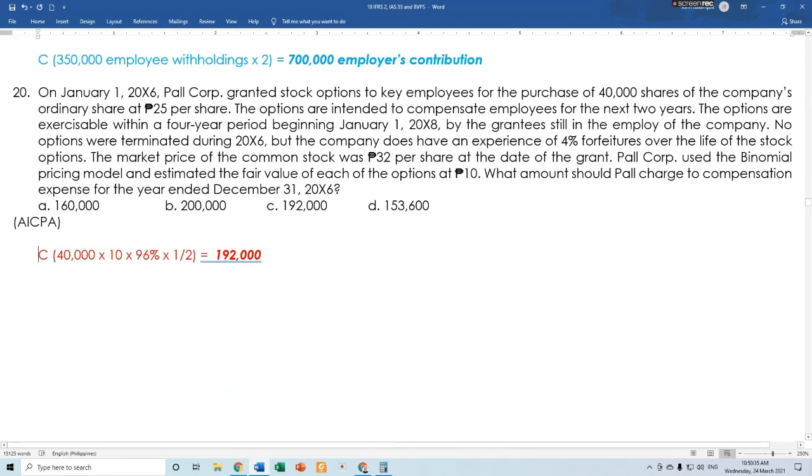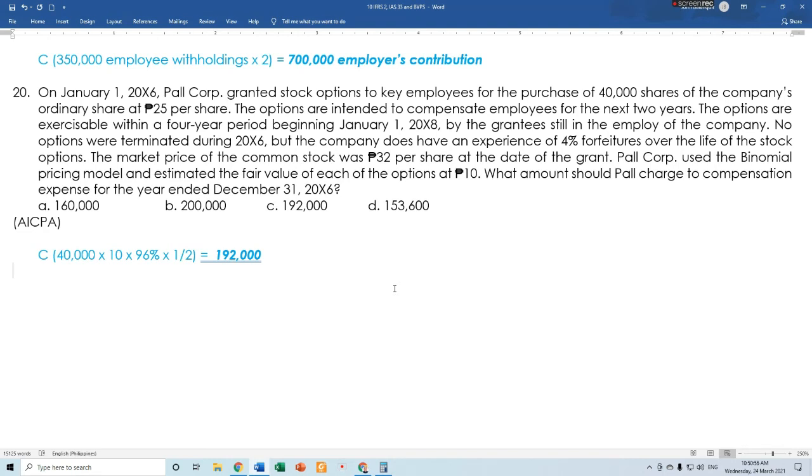20. On January 1, 20x6, PAL Corporation granted stock options to key employees for the purchase of 40,000 shares of the company's ordinary shares at 25 per share. The options are intended to compensate employees for the next 2 years, so 2 years vesting period.